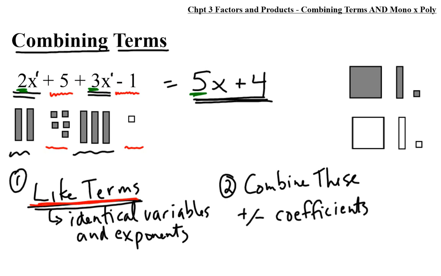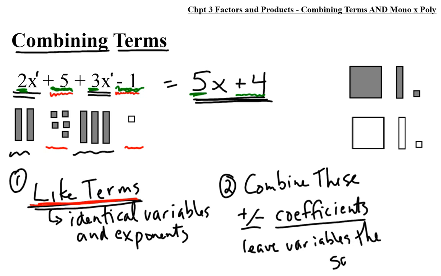We had 5 constant units and a -1. Well, 5 take away 1 leaves us with +4. So what we need to do is combine these by adding or subtracting the coefficients, but we leave the variables the same. So that's what we're looking to do with tiles.